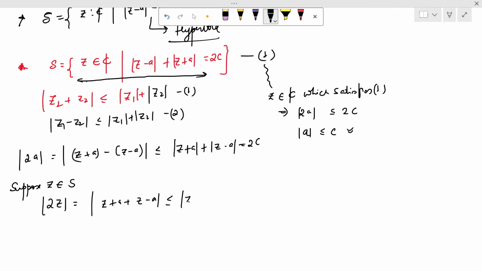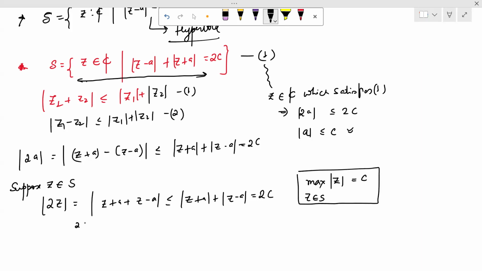And this will be less than or equal to modulus of Z plus A plus modulus of Z minus A. Is that clear? And it is equal to 2C. Shikha, is that clear or not? Are you able to follow from the top? Okay. What does it imply? It implies that the maximum value of modulus of Z such that Z belongs to S is certainly equal to C.